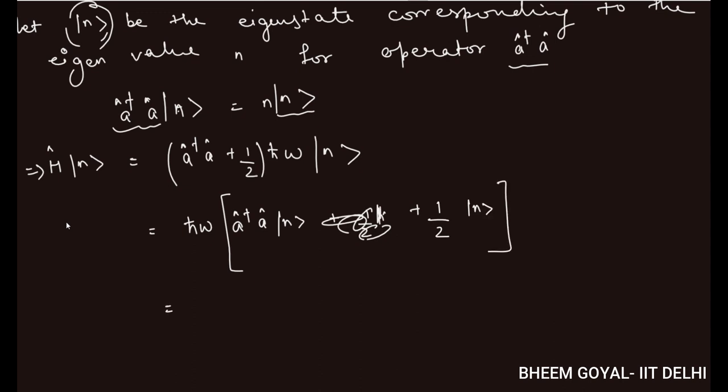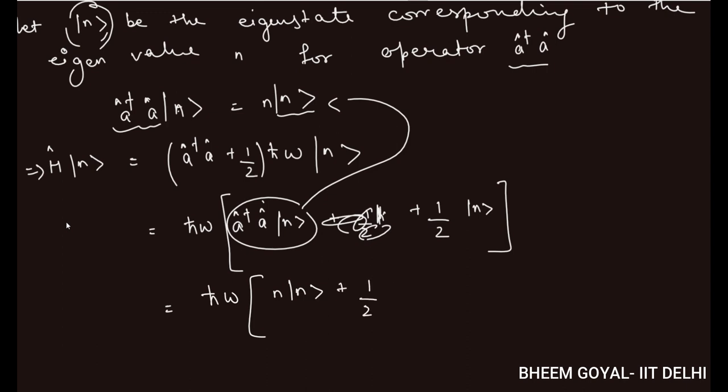If A dagger A operates on n, it gives me nothing but n ket n. So I can write it as h bar omega n ket n plus half ket n. So it will give me (n plus half) h bar omega ket n.